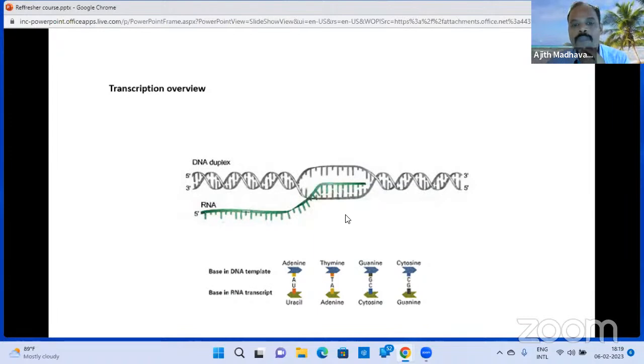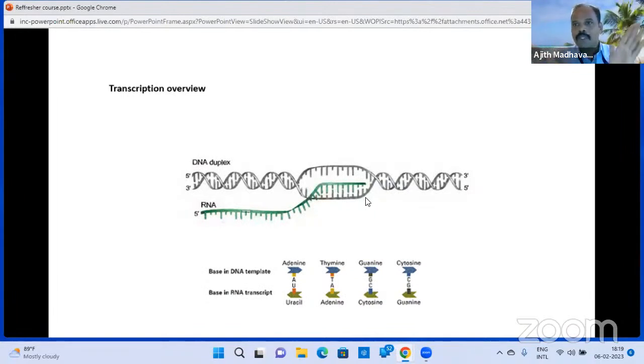Okay, so what do we mean by that? Look at this particular diagram. See here, the DNA is a beautiful structure. It is like a zip. You can imagine it like a zip. You move the rider so that the zip opens up. You have 2 parts of the zip.